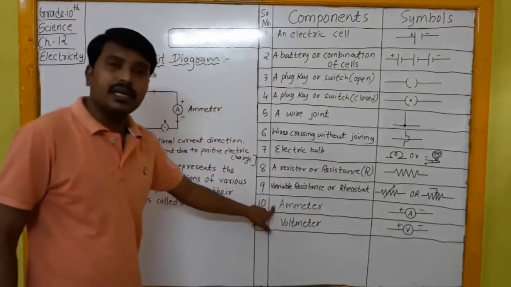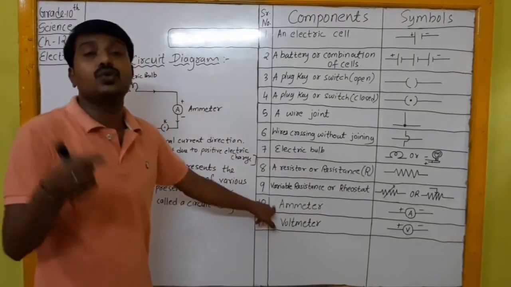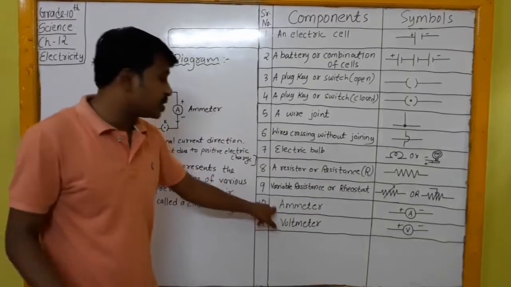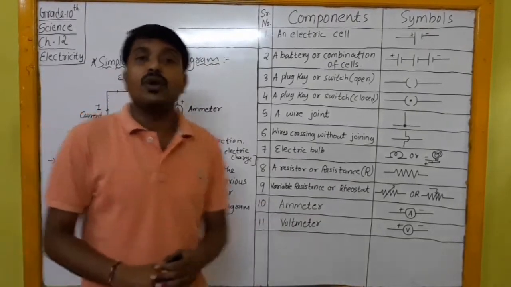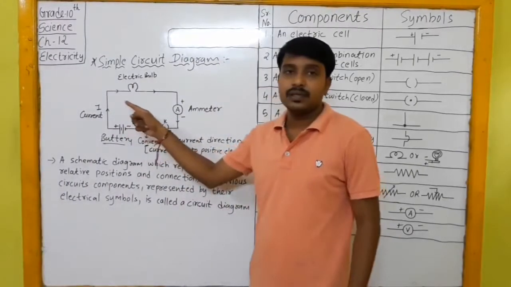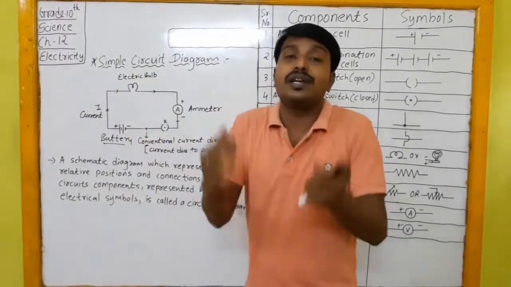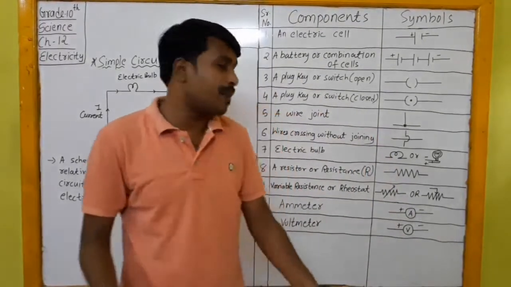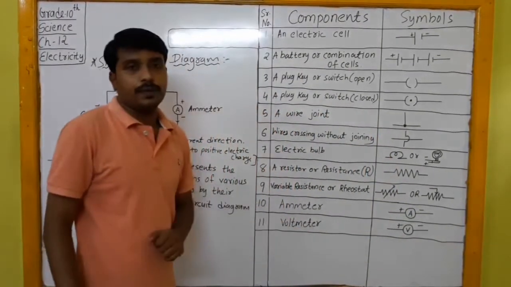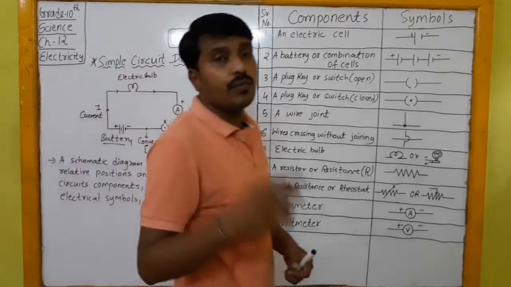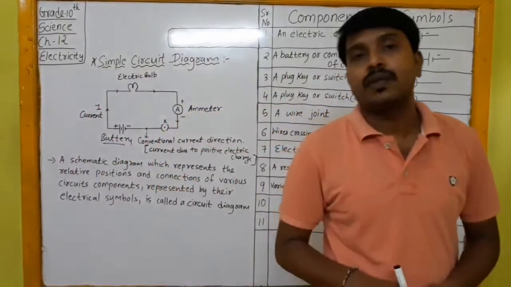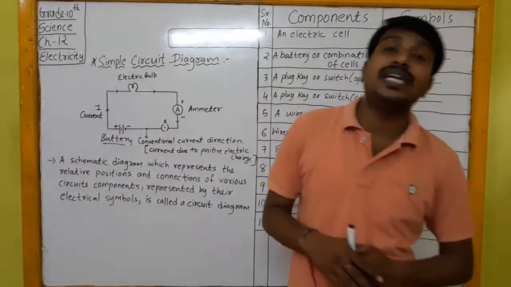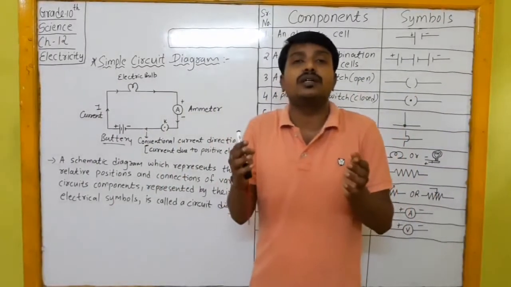And next is the ammeter. As you know, it is a device used to measure the electric current flowing in the circuit. And the voltmeter measures the voltage that is being created in the circuit; that voltage you can calculate by using the voltmeter. Apart from this, there is one more device known as the galvanometer. Galvanometer is used to detect the presence of electric current at any place.